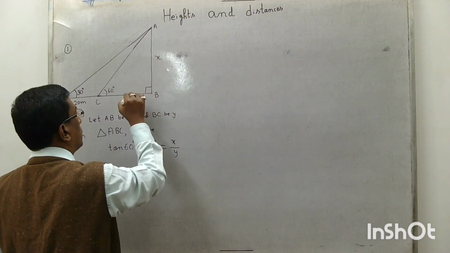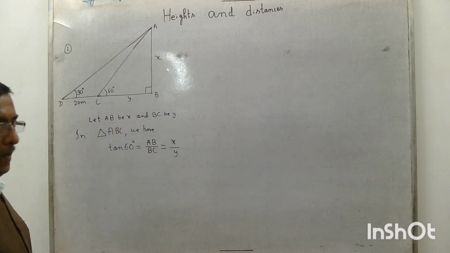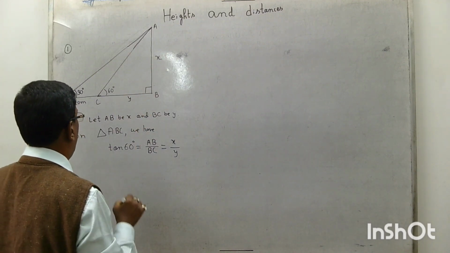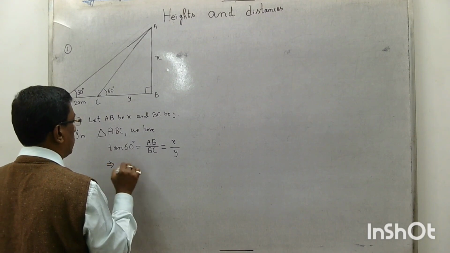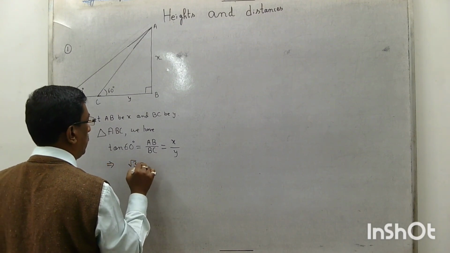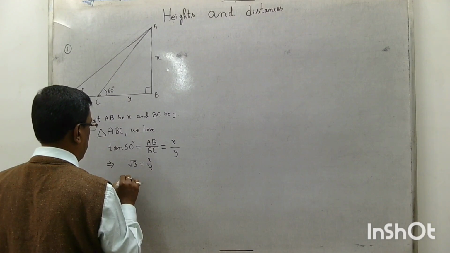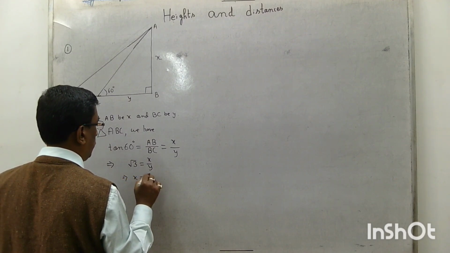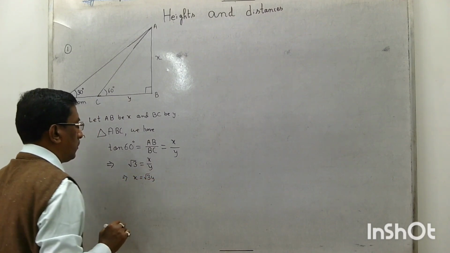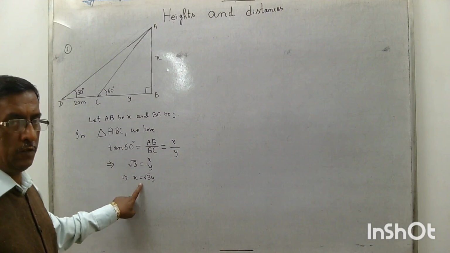This is x, this is y. Implies that root 3 equal to x by y. So x is equals to root 3y. So we get a relation between x and y.